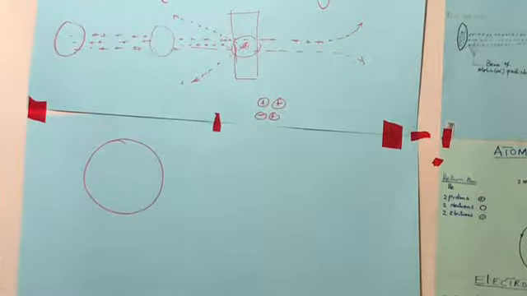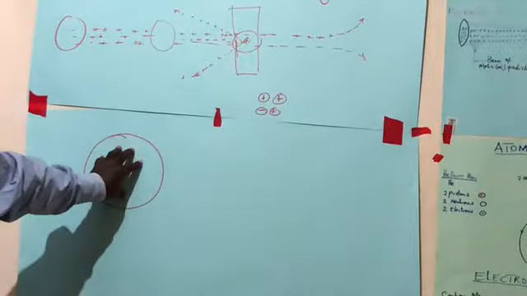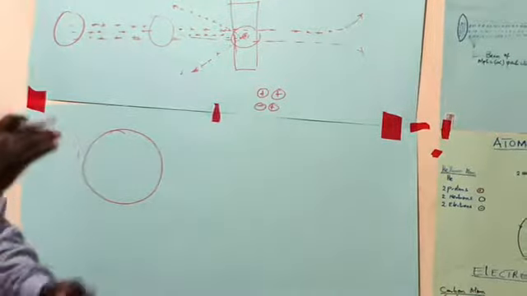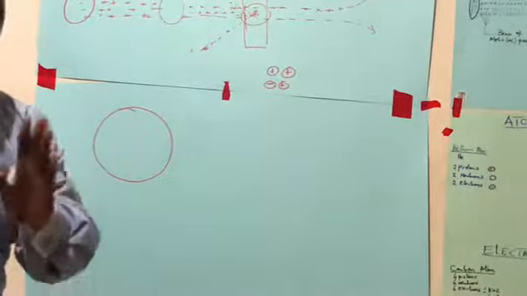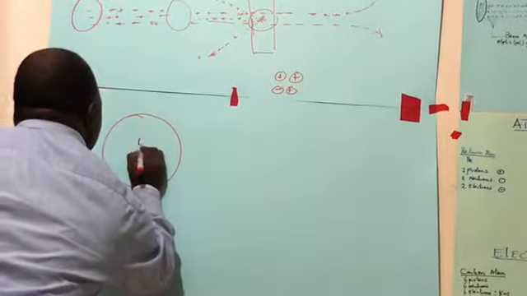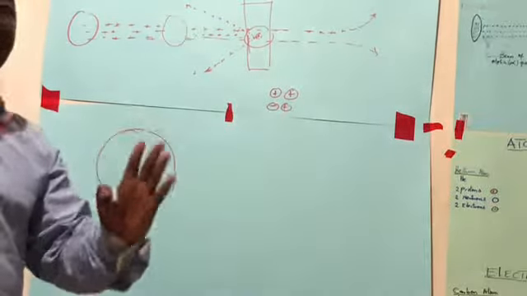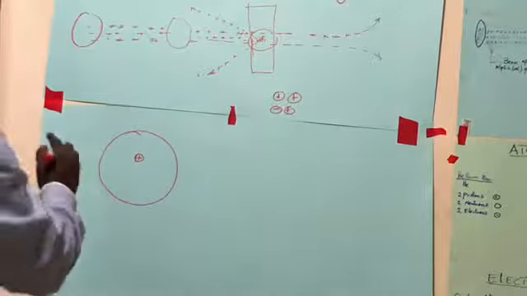Take for instance, this is the nucleus of an atom. From his experiment, the atom has positively charged particles, which he called the protons, in the nucleus, and other particles that are neutral in charge, which we call the neutrons.